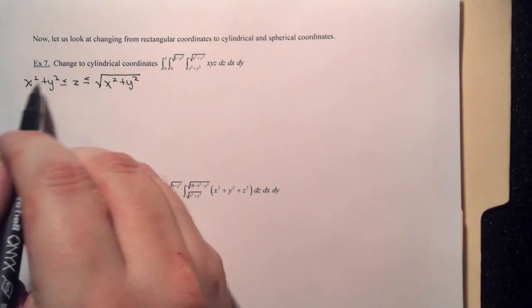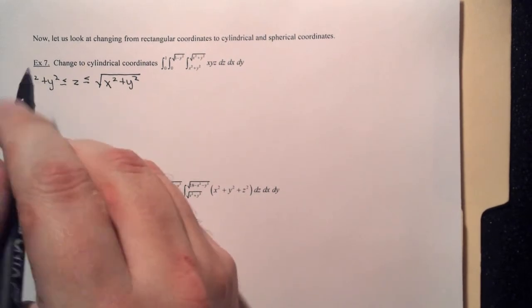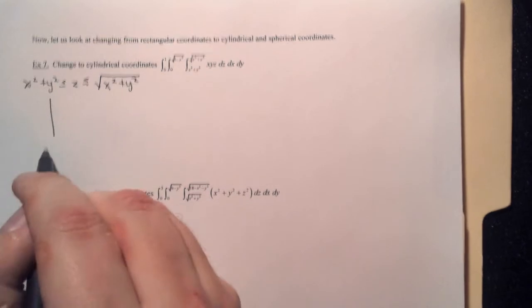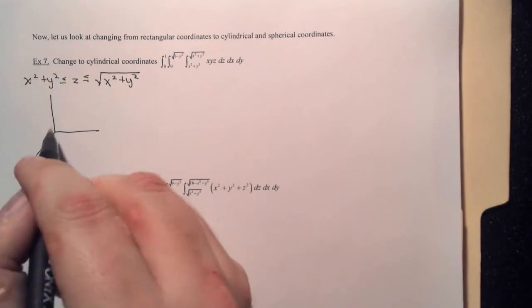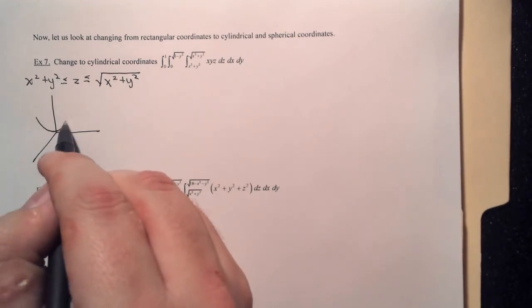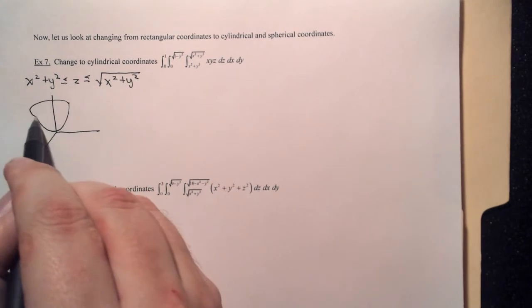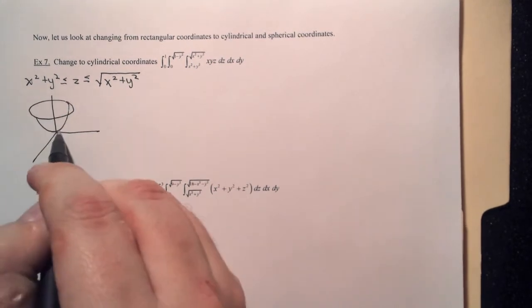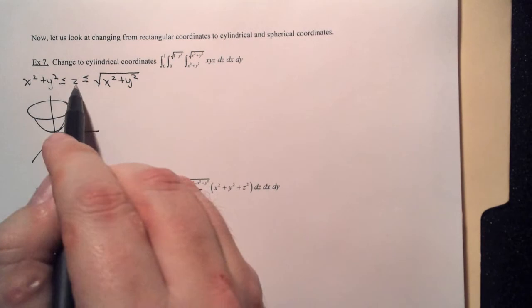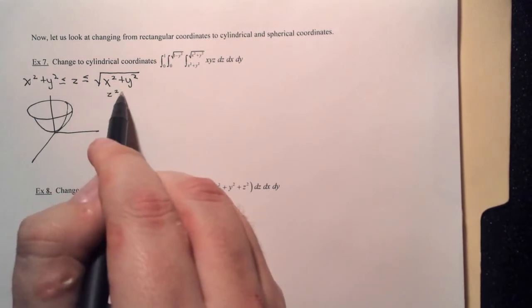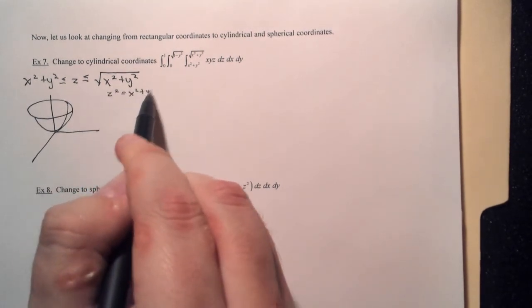Now if I think about that, z equals x squared plus y squared, that's a paraboloid. And right here, z squared would equal x squared plus y squared, which is a cone.